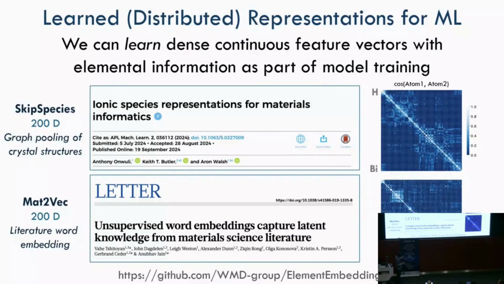One of the big successes at the beginning was this paper from my friend Anubhav Jain, where they took 1 million published papers from the scientific literature, and they used a word2vec model from Google, and then they trained a vector for each element, based on the occurrence of those elements in the text corpus. So maybe copper appears next to conductor, lithium appears next to battery.